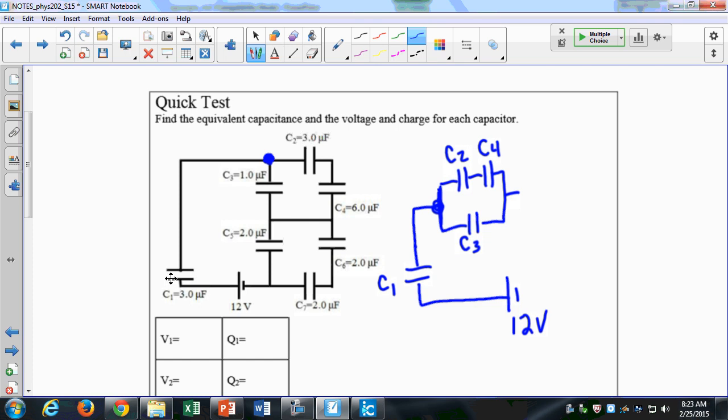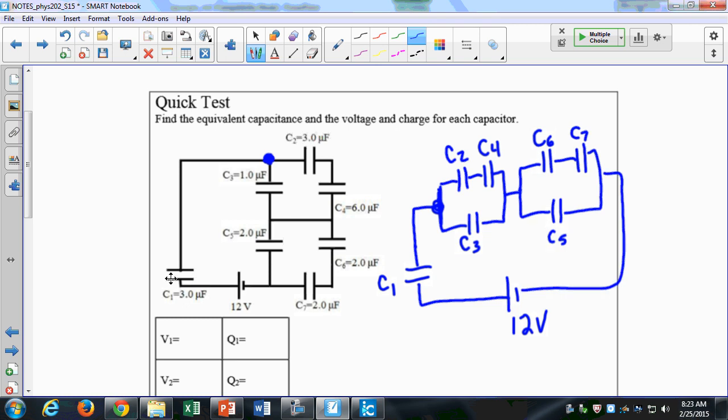Exactly the same. Yeah, they look exactly the same, right? Except 6 and 7, that's exactly right. So I have C6 and C7. And then on the bottom, I'll have C5. And then they'll come back to the battery from there. There are no other capacitors.